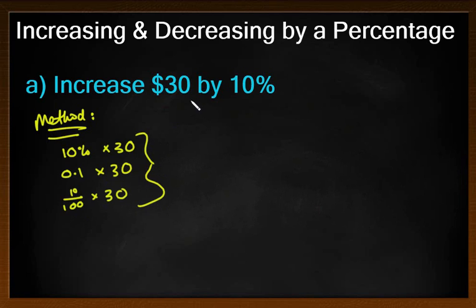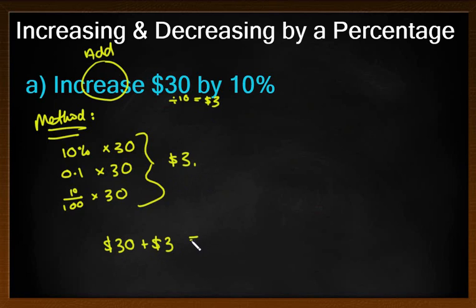You might be able to do this without a calculator though, because it's 10%, which means we can simply divide this by 10 to get $3. Either way, if you use your calculator, you would still get $3. So what does increase mean? Well, increase means that we have to add. So that means we're doing our $30, we're adding on our $3 to get an answer of $33. How'd you go with that? Hopefully you got the right answer.